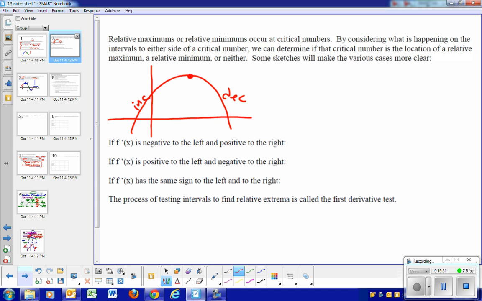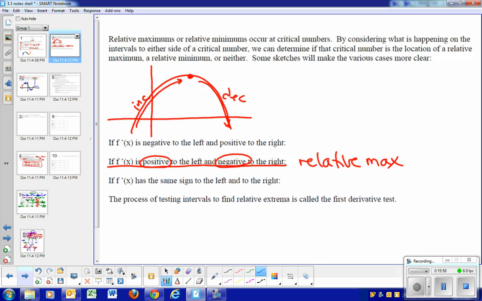Right here, the function changes from increasing to decreasing. Or in other words, the derivative changes from positive to negative. If the derivative changes from positive to negative, that means we have a maximum. Okay, that's what I just drew right there.